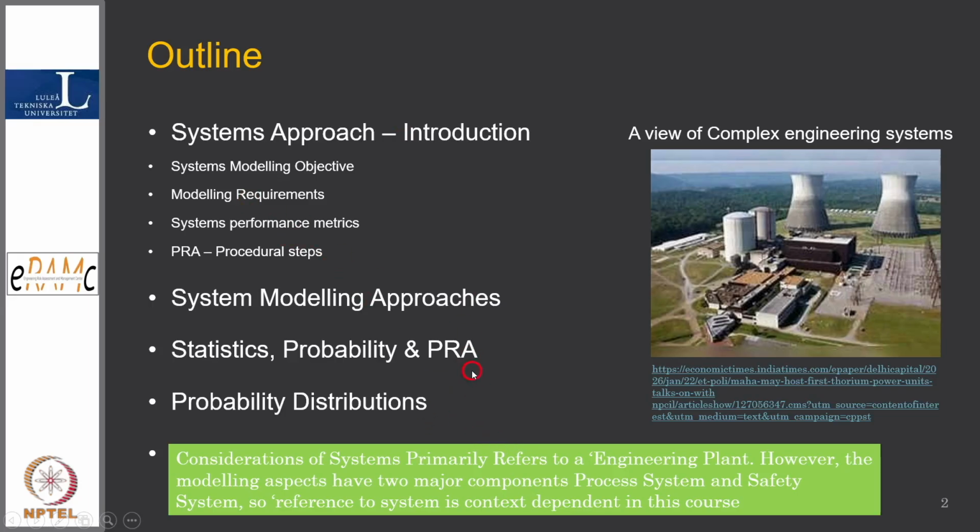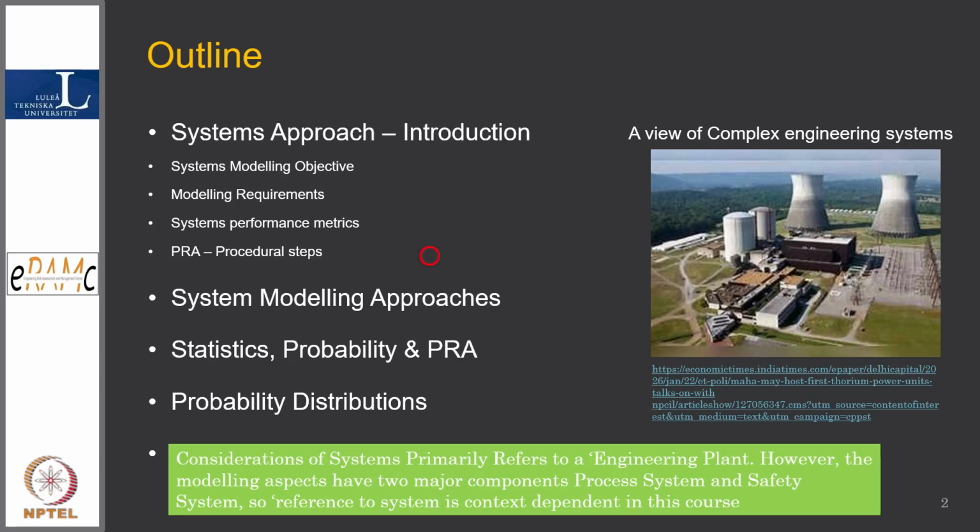What do we mean by system? Any system requires modeling. If the system is existing, it requires modeling, but when you are at the design stage, it helps you work out the design aspect and of course the safety aspect of the system. So what are the modeling requirements?